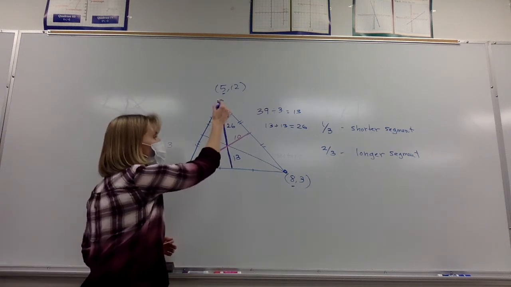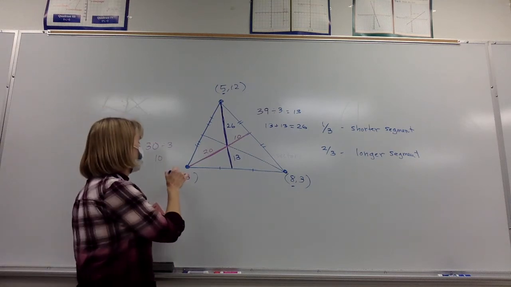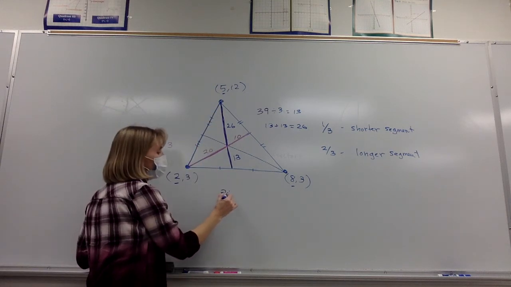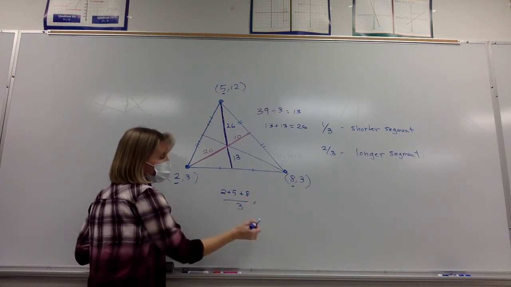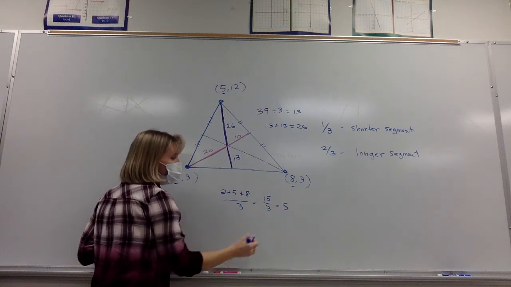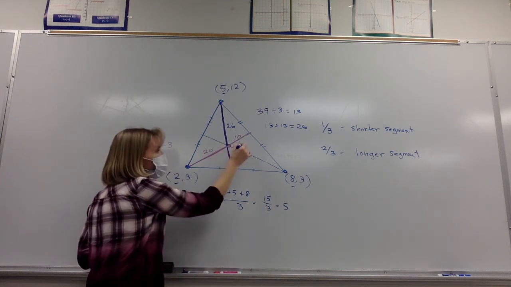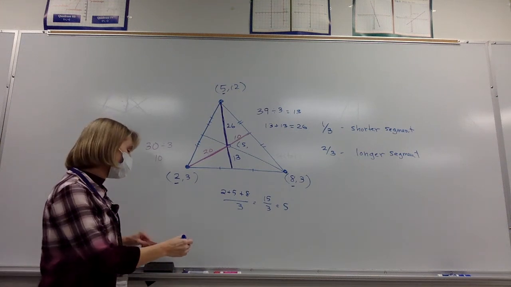So there's always 3 vertices in a triangle, so you're always going to be dividing by 3. If I said 2 plus 5 plus 8 divided by 3, I would end up with 15 divided by 3. So the centroid would have an x-coordinate of 5. And then you do the same thing for the y-coordinates.